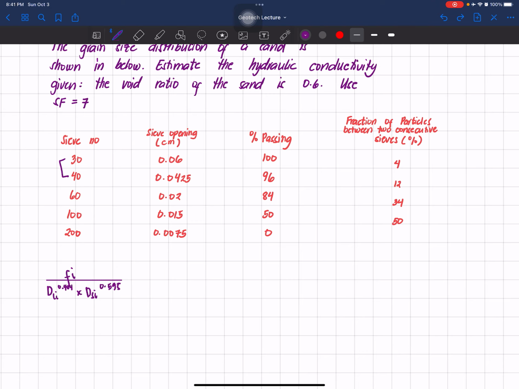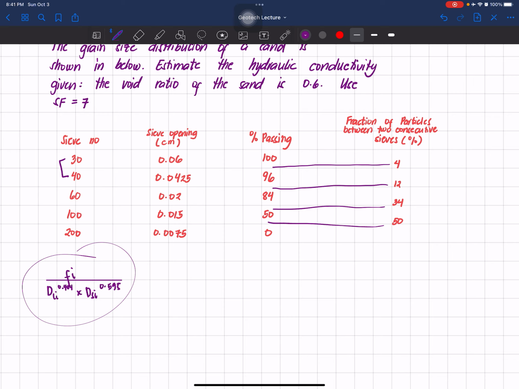The fraction of particles between the two consecutives. That is your Fi. So, eto siya. Yung Fi nyo are these values. So, kukomputin nyo yung ating Fi or itong term na to gamit yung Fi. Kung saan man nag-fall yung Fi na yan, yun yung gagamitin yung sieve number.